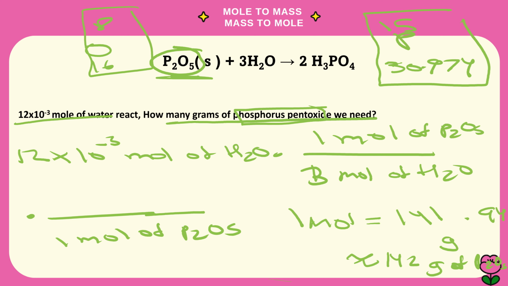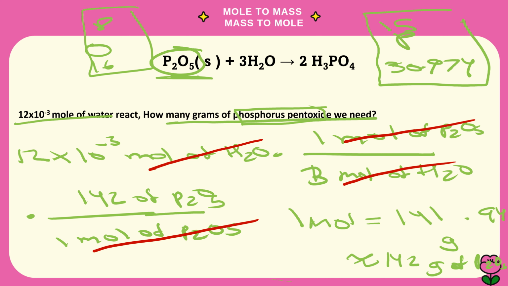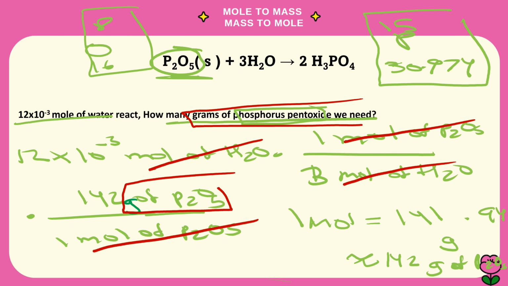So let's write 142 grams of phosphorus pentoxide. Let's see the units. Moles of water with moles of water, we cancel water. Phosphorus pentoxide moles with phosphorus pentoxide moles. We are left with grams of phosphorus pentoxide, which is what the question asked for.